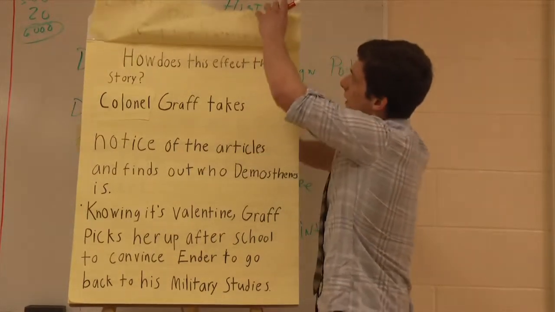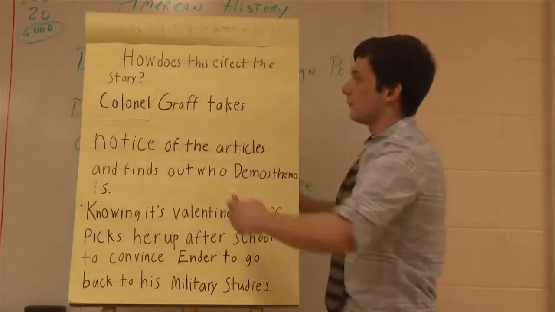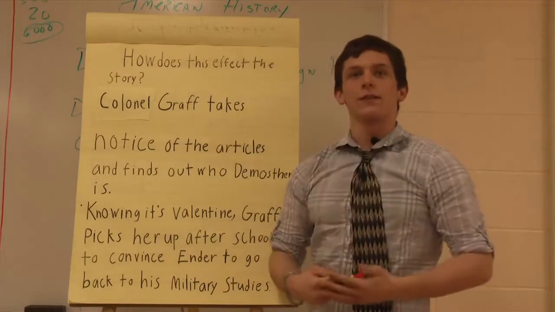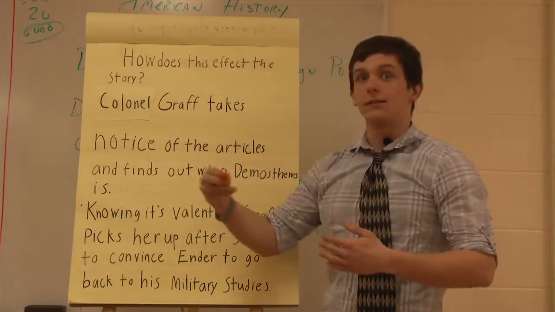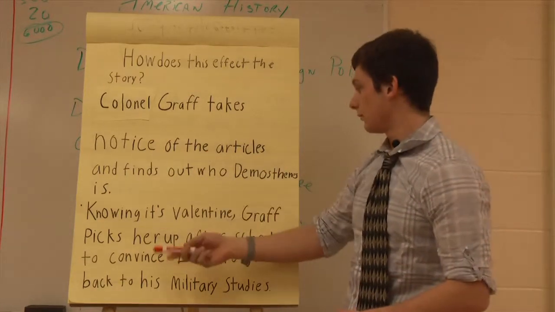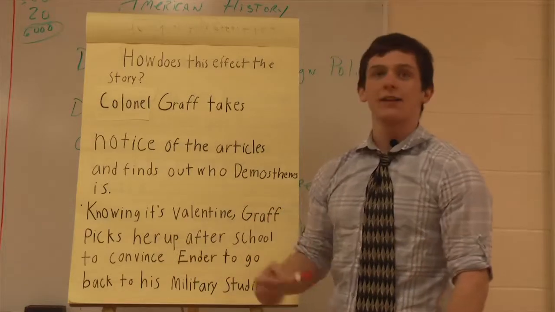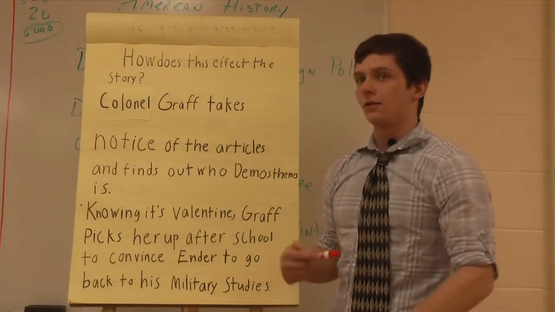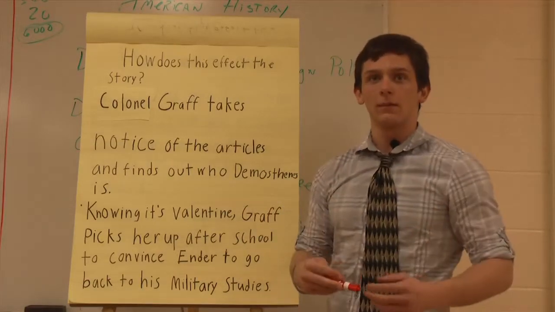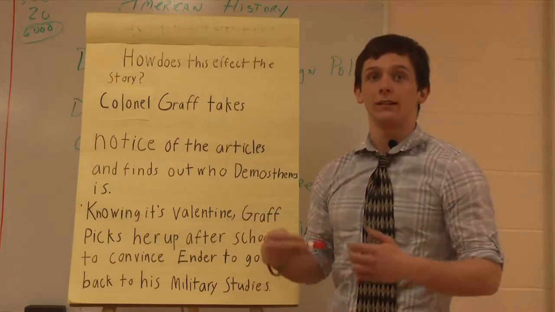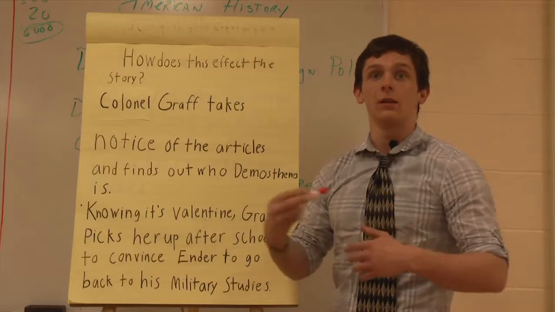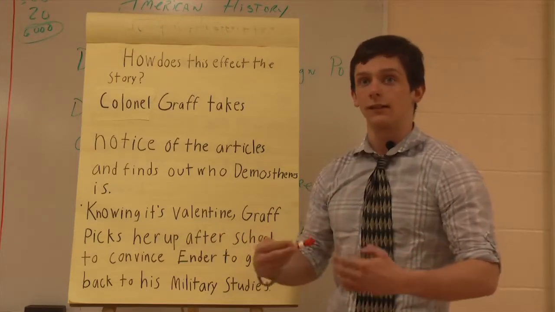So, how does this affect the story, you would ask? Well, Colonel Graff actually takes notice of the articles and figures out that DE is actually Valentine. So he goes to pick her up from school and talks her into convincing Ender into rejoining his studies within the military, the IF, the International Fleet.